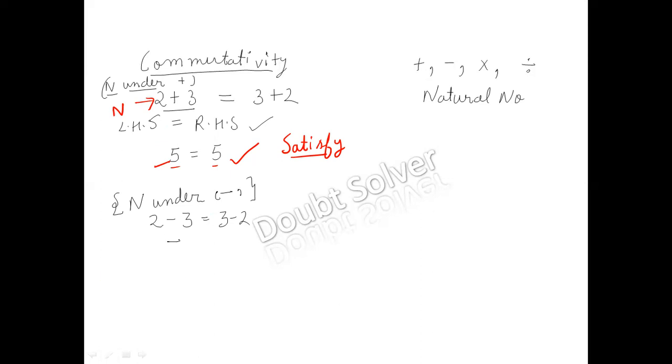Here it will be -1 and this will be 1, which is not possible. Is it possible that -1 is equal to 1? No. That means it doesn't satisfy, or we will say that natural numbers are not commutative under subtraction.